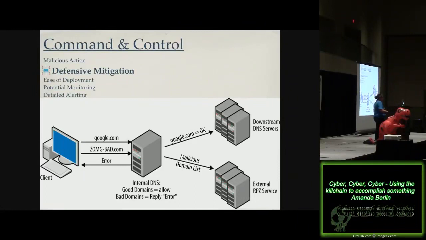When you control that kind of stuff, you can rely on other people's intel to block known malicious websites, but you can also add your own information from your own internal IR.